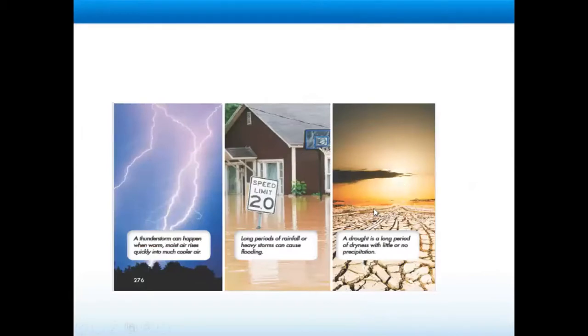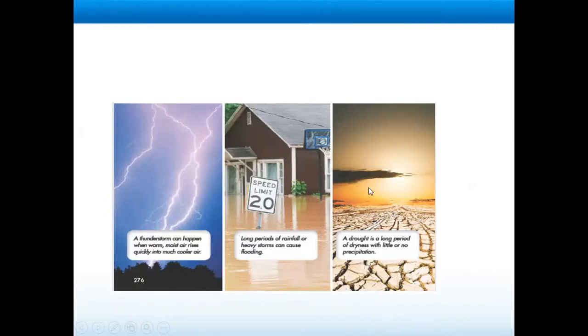You see here? A thunderstorm can happen when warm, moist air rises quickly into much cooler air. Long periods of rainfall or heavy storms can cause flooding. A drought is a long time of dryness with little or no precipitation.